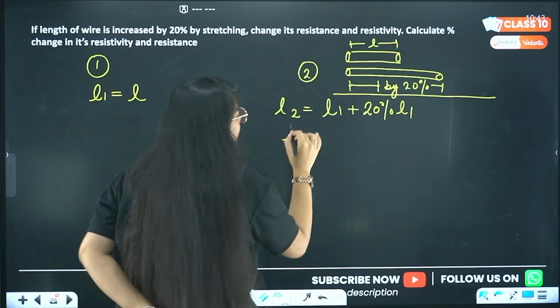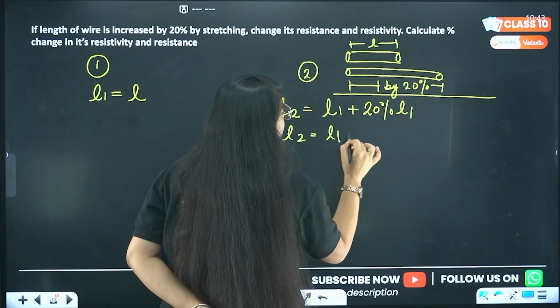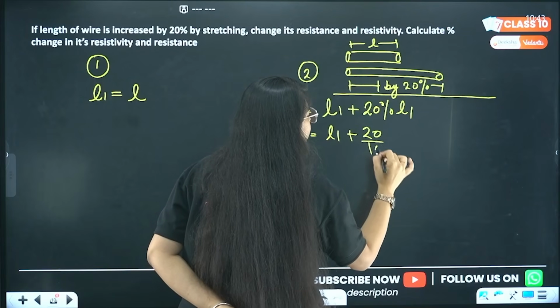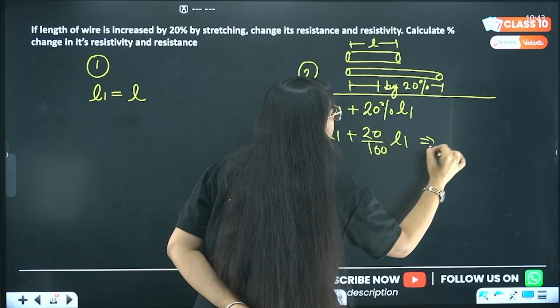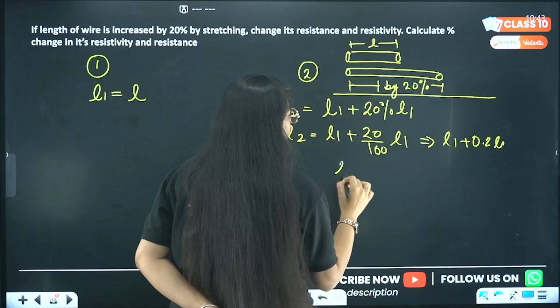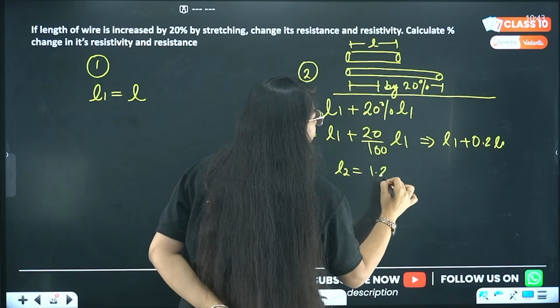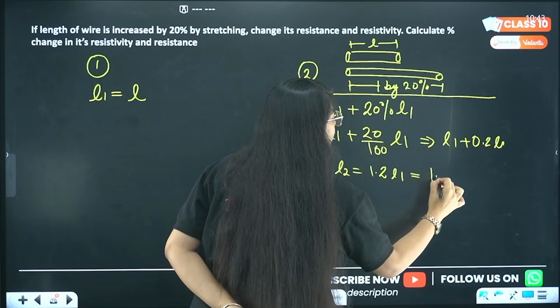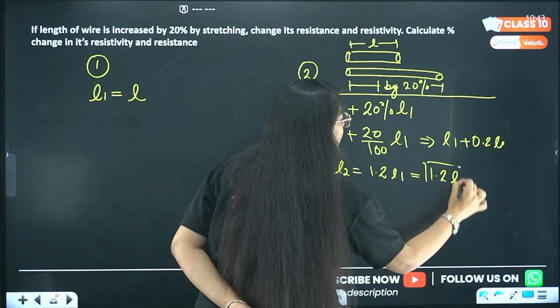Understood? Then L2 will become L1 plus 20 by 100 L1, which will become L1 plus 0.2 L1, right? So L2 will be 1.2 L1 or 1.2 L, correct?